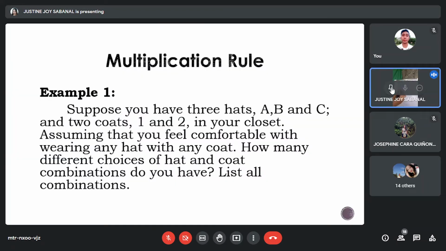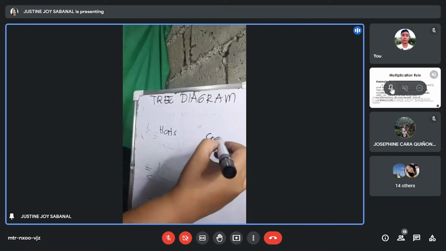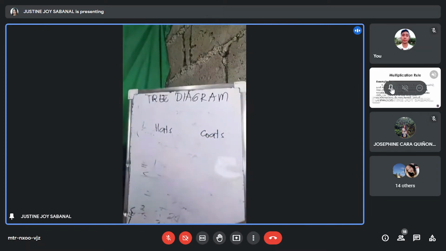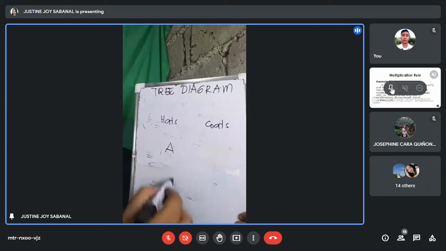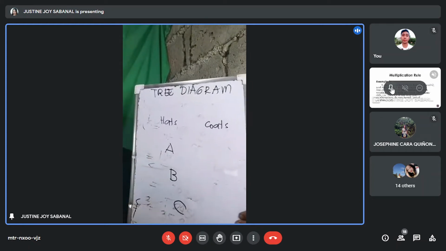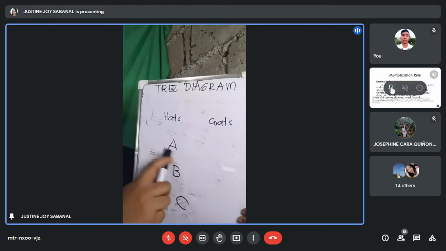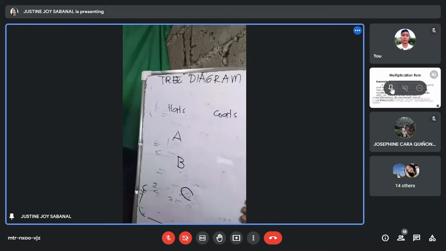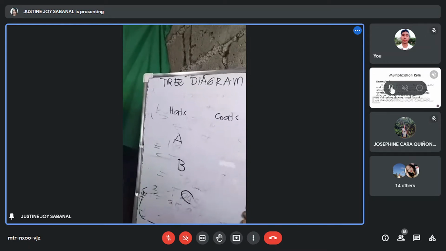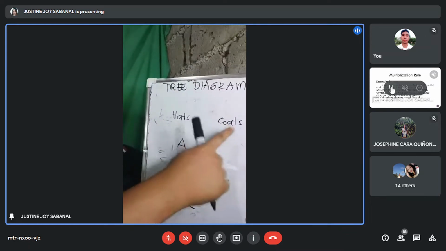So ang gagawin lang natin dyan is to identify yung portions or yung mga objects under consideration. So we have hats and coats. So yung hats po, nilabel natin as A, B, and C. So after nyan, assume natin, kunwari gusto mo or prefer nung individual na gamitin yung hat A. So, ilang posibleng pamamaraan natin i-pair yung hat A dun sa coats.